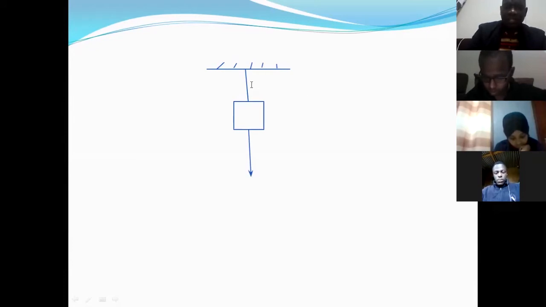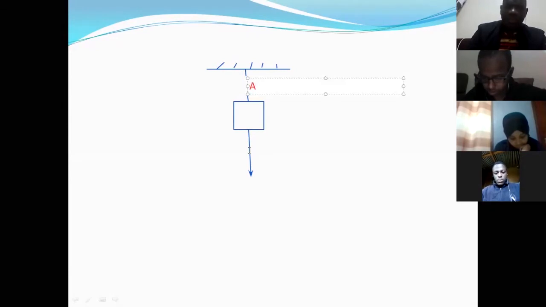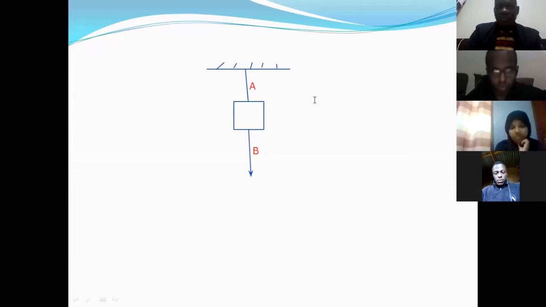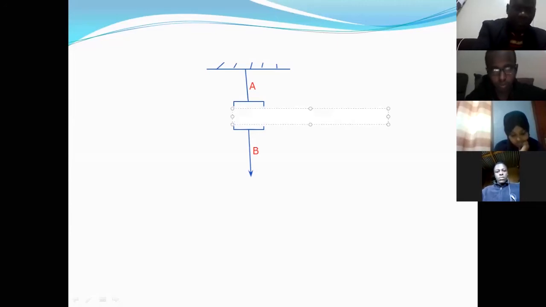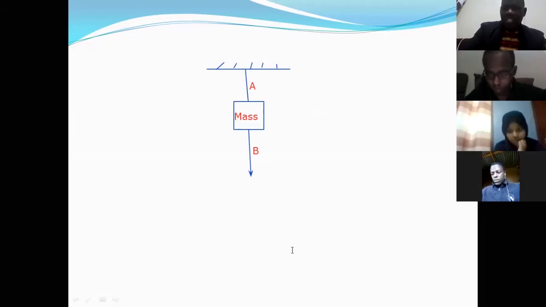This part was A. This was B. And then we said that the string was pulled down slowly and then pulled down suddenly. What happens when the string is pulled down suddenly?